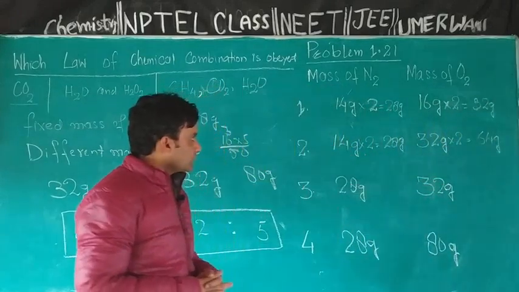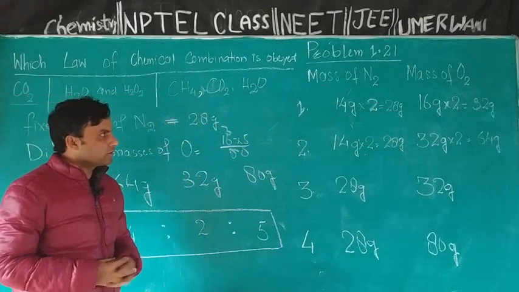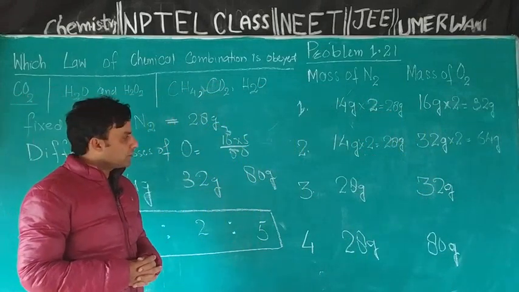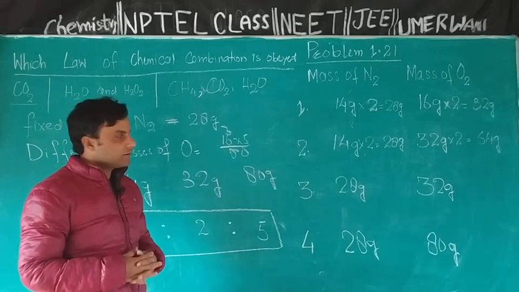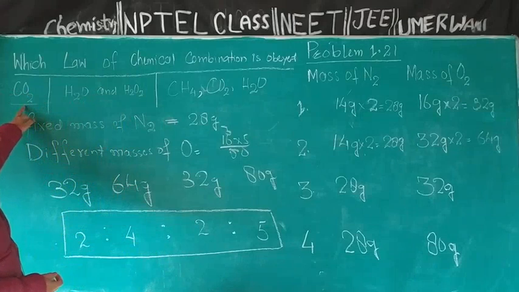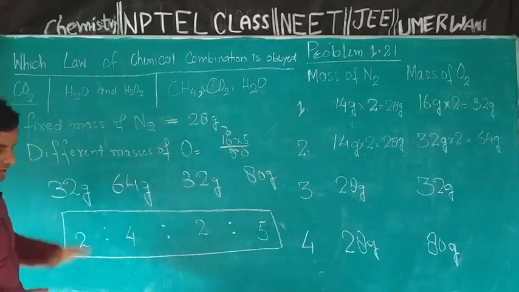Since the question pertains to 4 different compounds of nitrogen and oxygen, it disapproves the law of constant proportion.